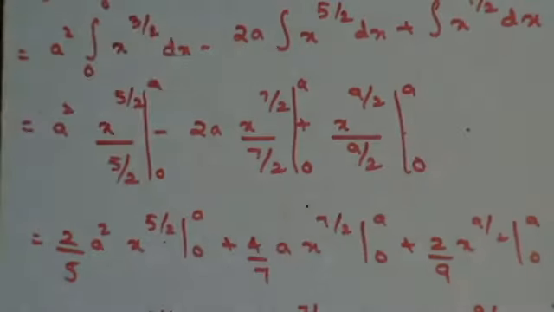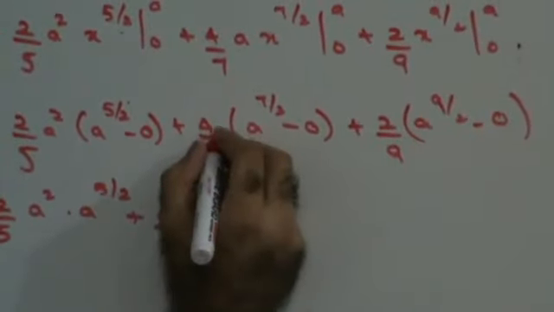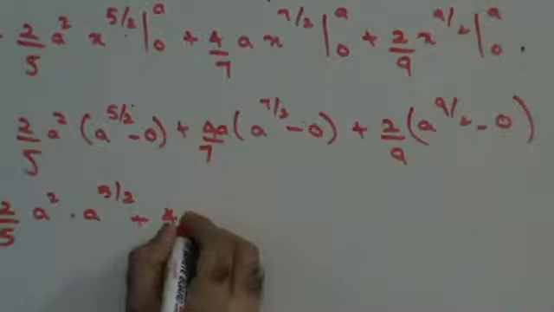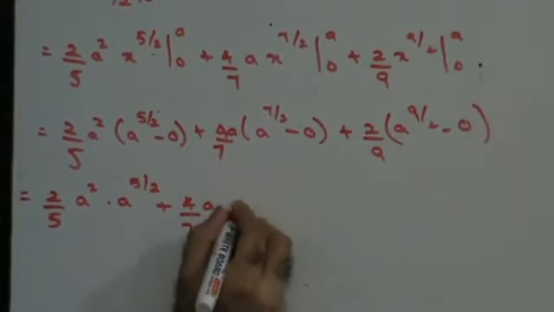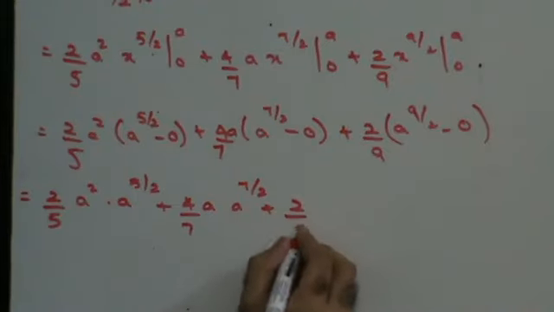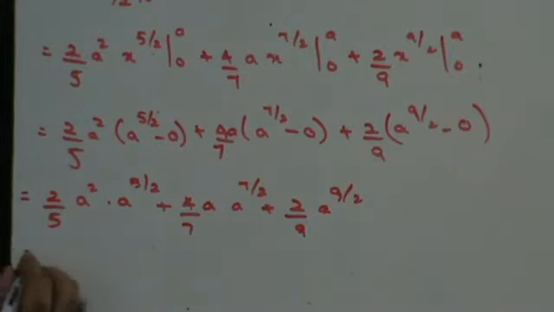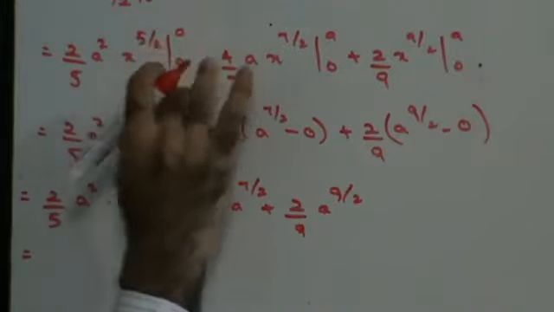Right, this can be written as 2 by 5 a square a raised to 5 by 2 plus 4 by 7 a raised to 7 by 2 plus 2 by 9 a raised to 9 by 2. So isn't it minus 4 by 7? Yeah, it's minus 4 by 7.